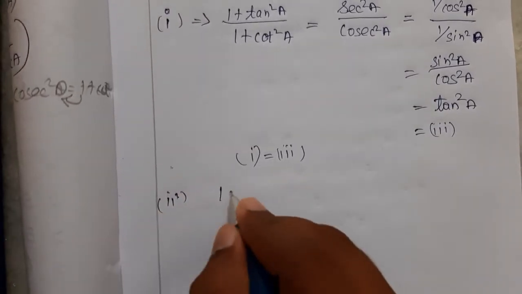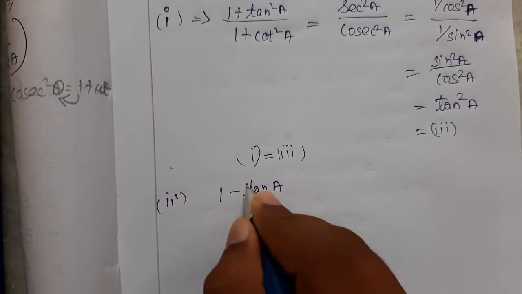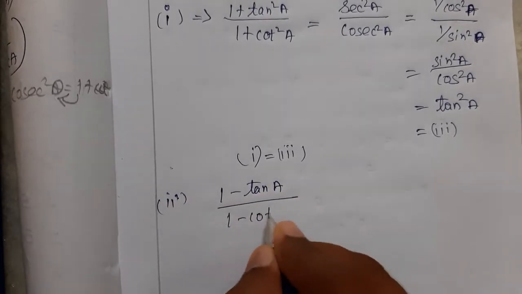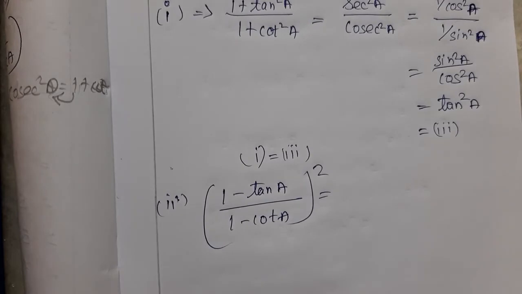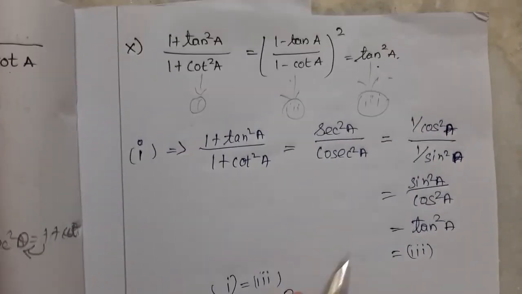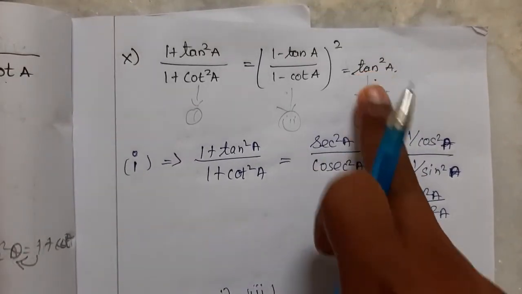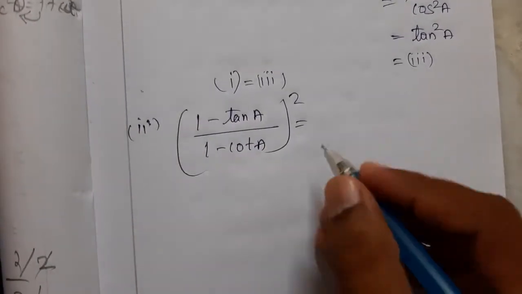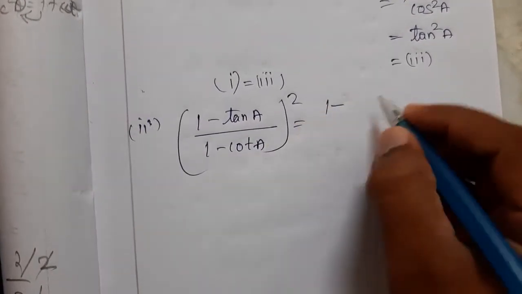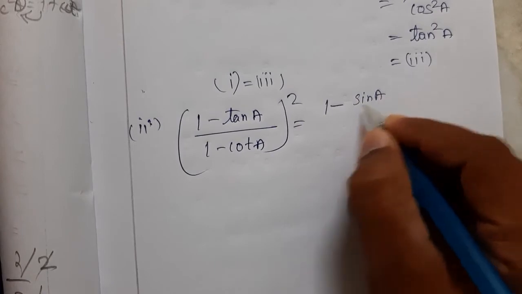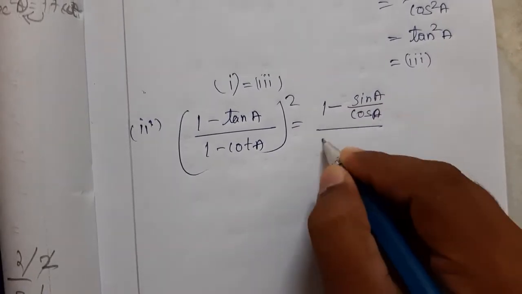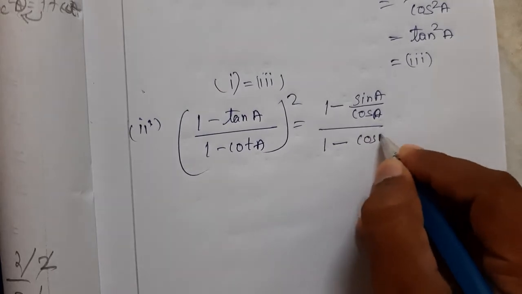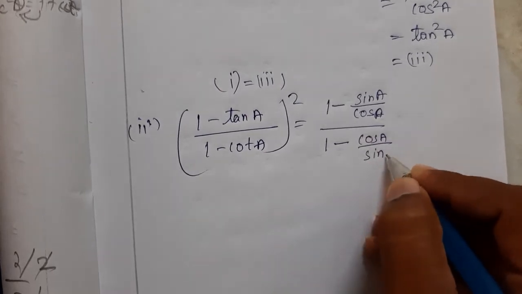It is given as (1 minus tan a) divided by (1 minus cot a), the whole square. So let me change it, don't disturb the square since we need the answer also in square. Instead, only we have to do the changes. So we can write 1 minus tan in terms of sin a by cos a, divided by the denominator, which we can change as cos a by sin a.